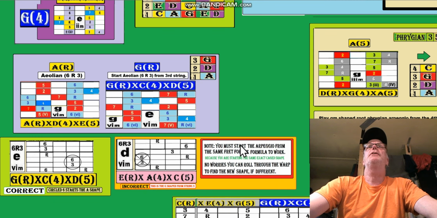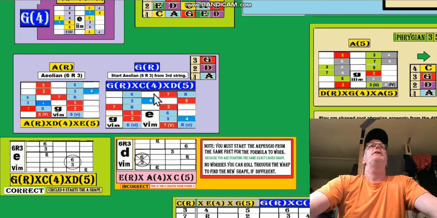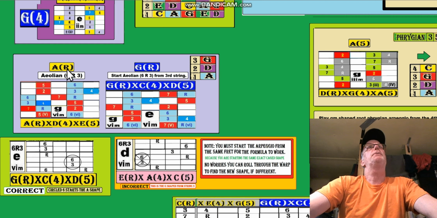It says you must start the arpeggio from the same fret, but really it's because you are starting the same exact CAGE shape. So you want to make sure you start the same CAGE shape. So in this case, when we start Aeolian from the 3rd string, we've got an Aeolian here encompassed by the 6th, it's encompassed by an A root. Why is that? It's just A-shaped right there.